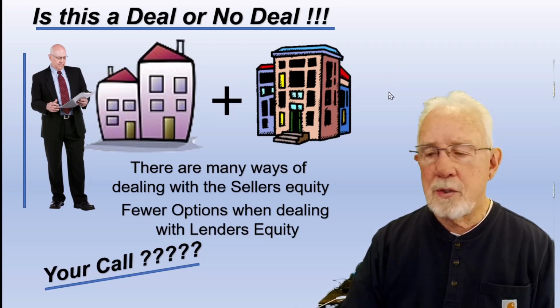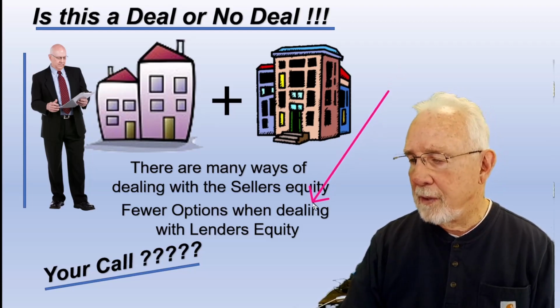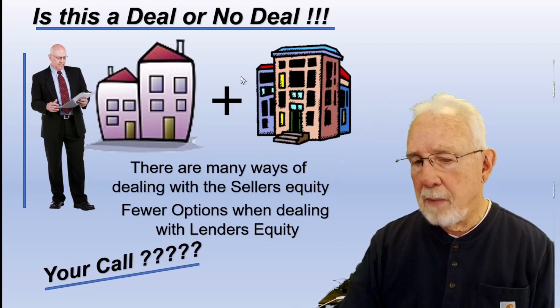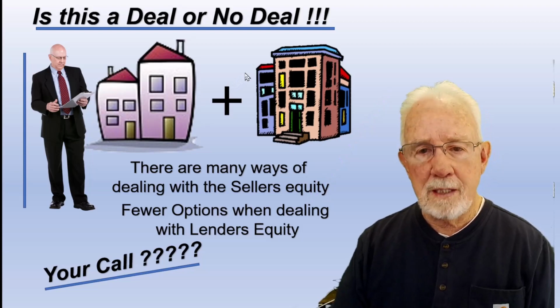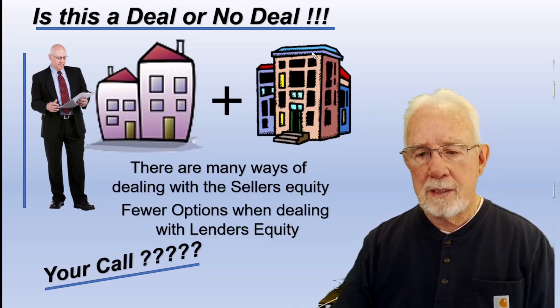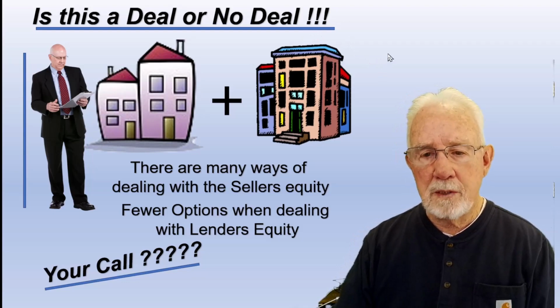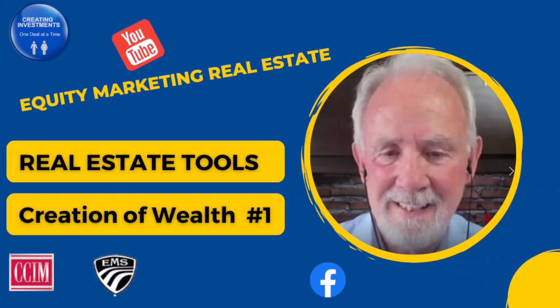But when it comes to the lender, it's a whole new deal, and you have fewer options when dealing with the lender. But remember that you always have to deal with the lender, and you always have to take care of that loan, because that lender is in first position. So that's the creation of wealth formula, and thanks for listening.